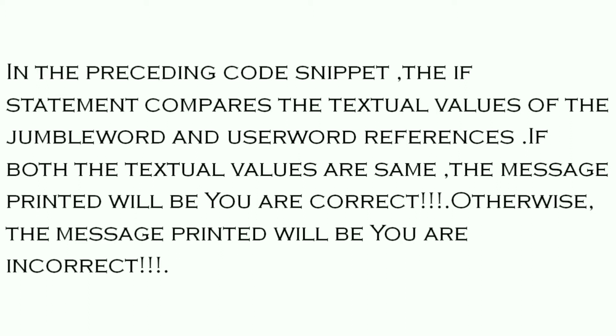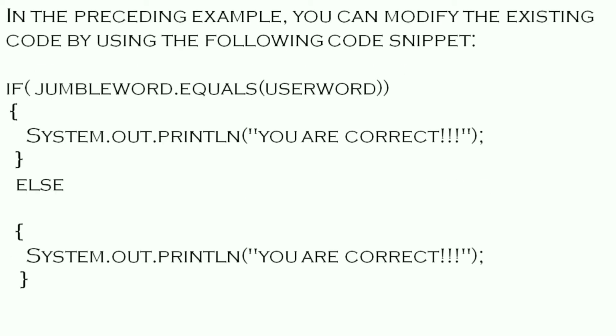In the preceding code snippet, the if statement compares the textual value of the jumble word and user word references. If both the textual values are same, the message printed will be you are correct. Otherwise, the message printed will be you are incorrect.